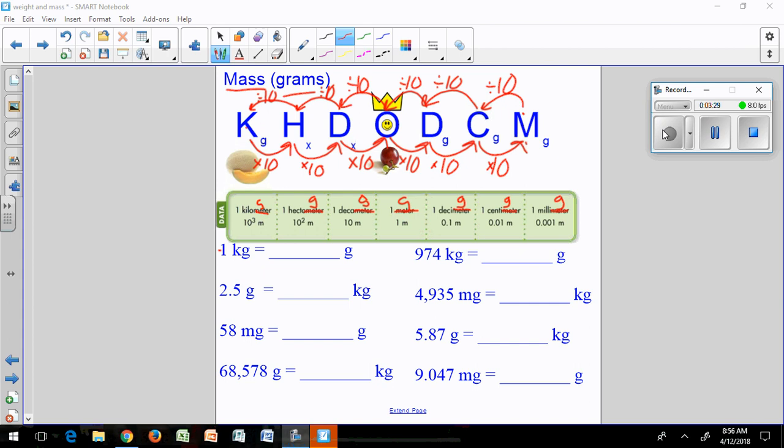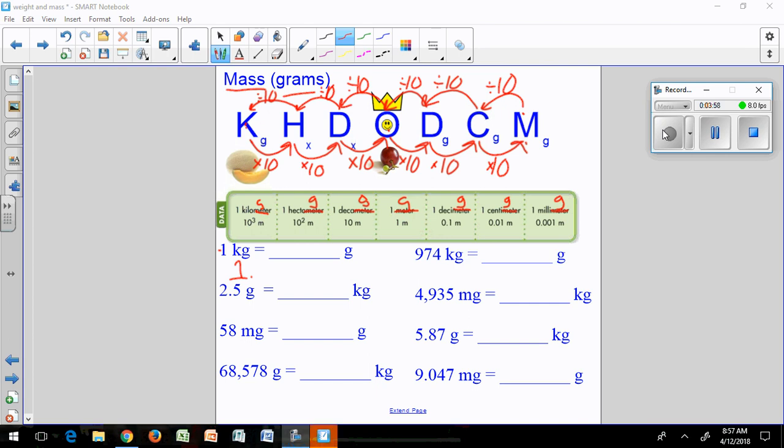So let's look at our first problem right here. 1 kilogram equals how many grams? Okay, easy enough. I have 1 kilogram. Since I have a whole number, the decimal point is right after the whole number ends. And I'm going from 1 kilogram to grams. So I'm starting right here at my big K, and I'm going to go to my O, because our O, like it has the rest of our lessons, stands for our base unit, 1 gram.